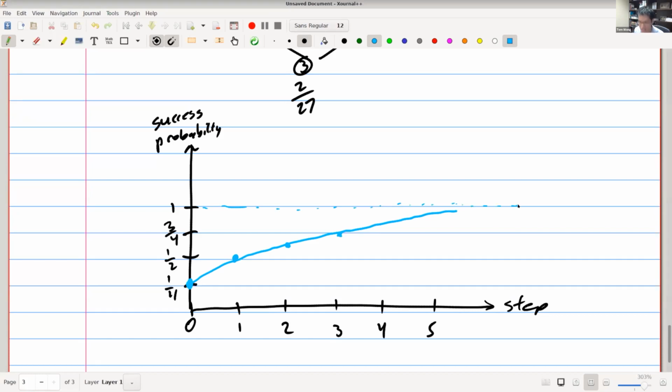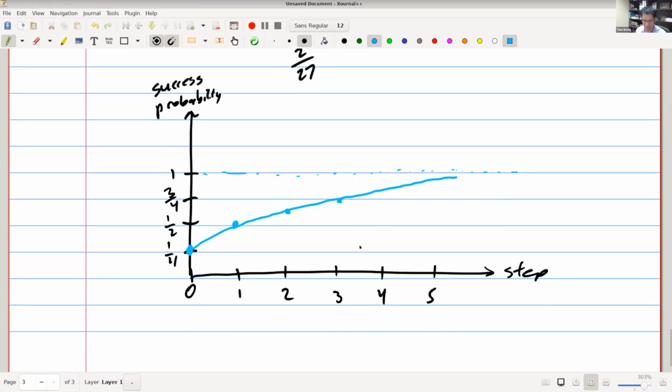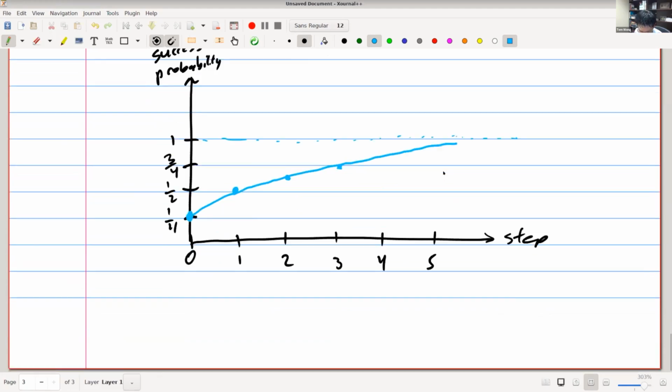As we take more steps, the probability that we find the marked vertex gets greater and greater. You can actually work out the math, and it's in that arXiv paper I referenced earlier, called Unstructured Search by Random and Quantum Walk. You can find what this function is, and how many steps it takes to reach some constant probability, for example.